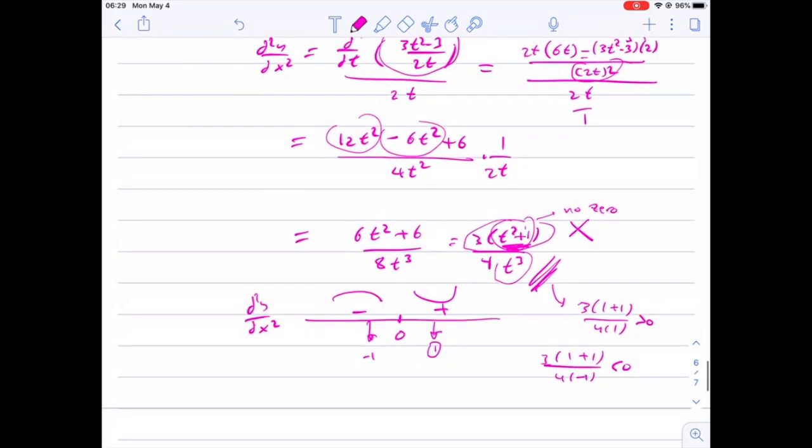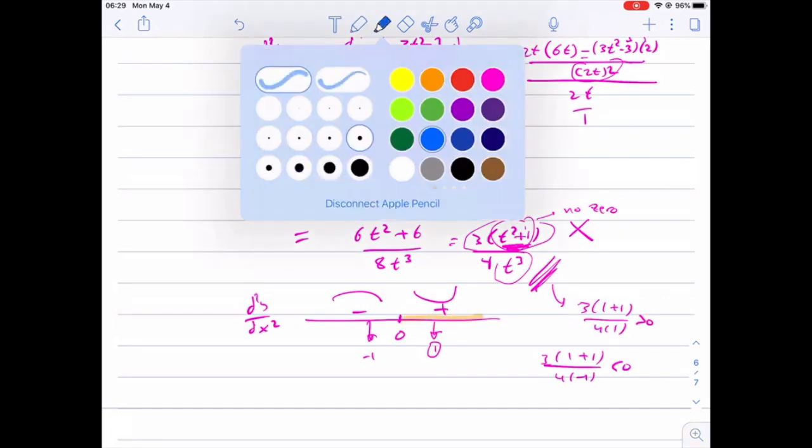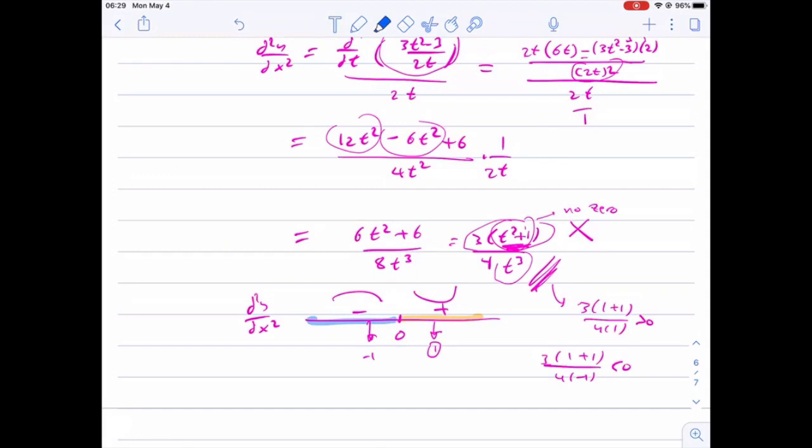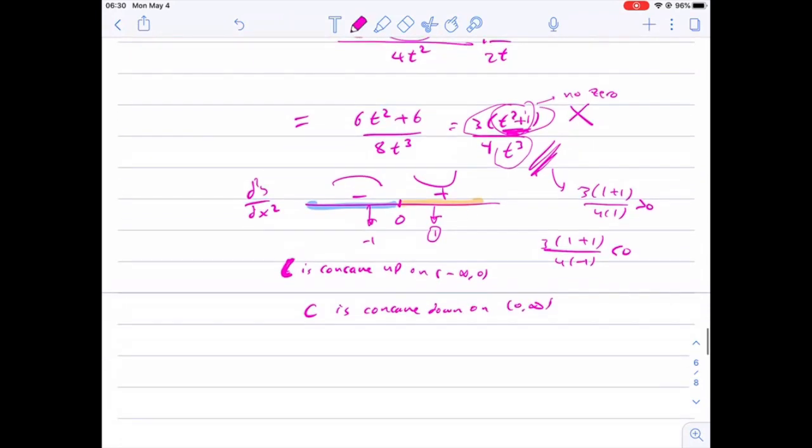And that means the curve is concave up on the interval from 0 to infinity and concave down on the interval from negative infinity to 0. So we can write that the curve is concave up on 0 to infinity, and the curve is concave down on negative infinity to 0.